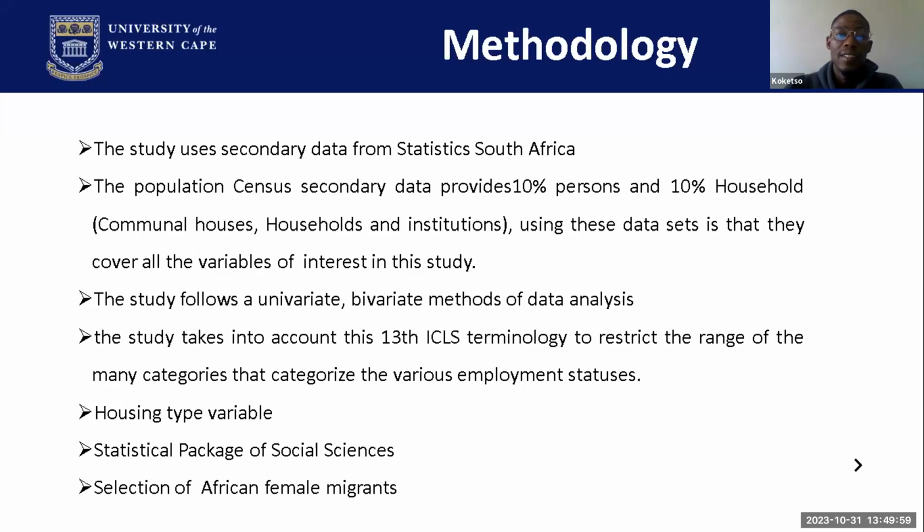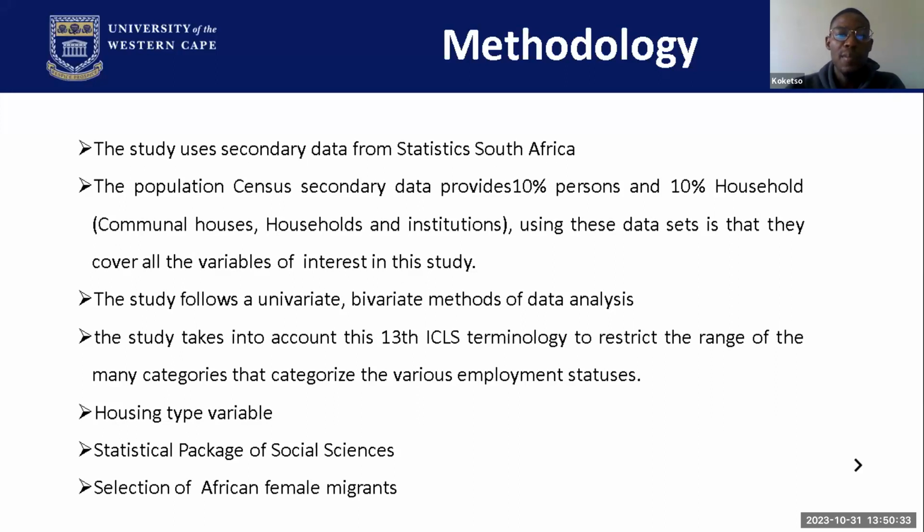The study follows a univariate, bivariate, and multivariate method of analysis, but for the sake of time, I'm only going to delve into the univariate and bivariate methods. The study also takes into account the 13th International Conference of Labour Statisticians terminology to restrict the range of many categories and to categorize the various employment statuses.